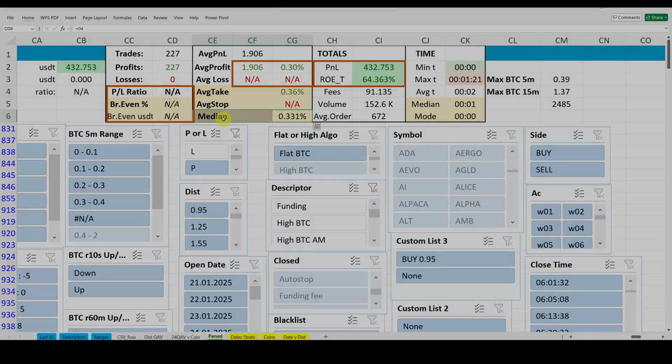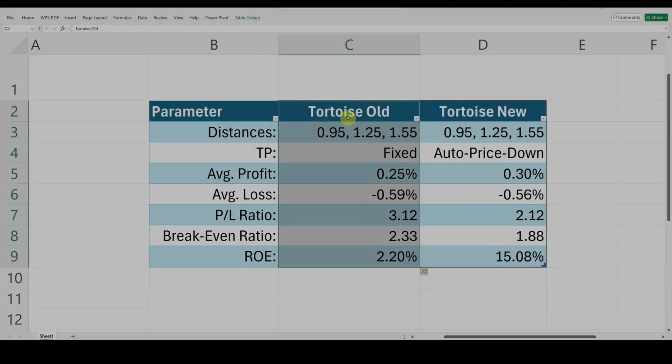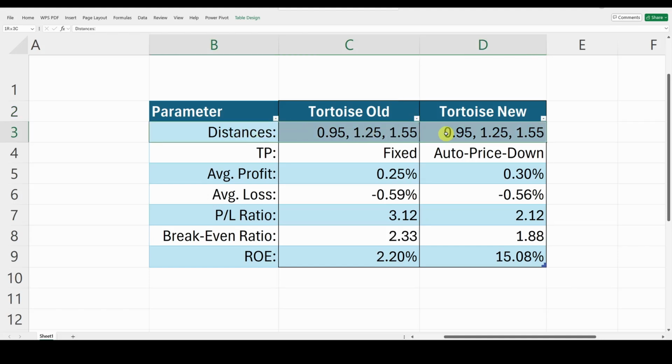Let's compare like for like with the previous incarnation of the tortoise, using only the same distances. The average loss is slightly better for the new version, and the average profit is slightly higher. The profit-to-loss ratio is way down from 1 in 3 to 1 in 2.